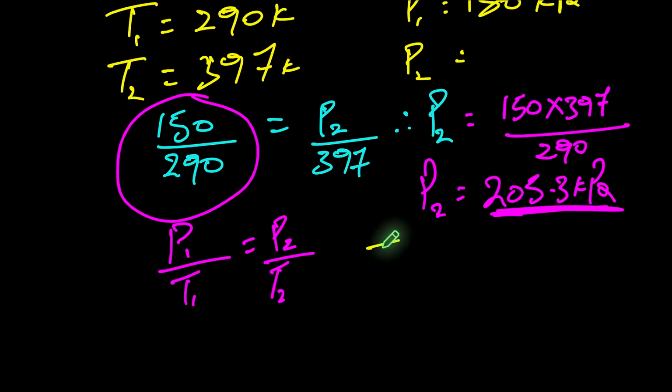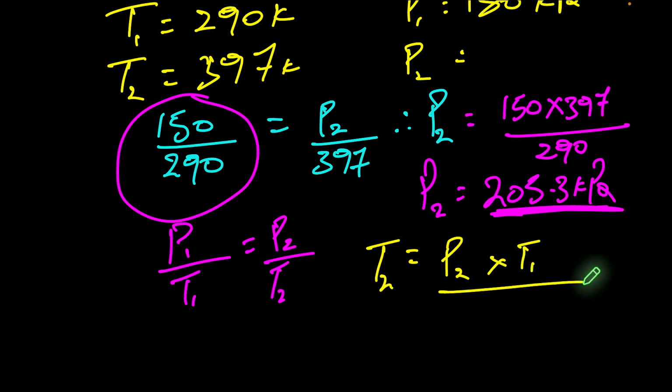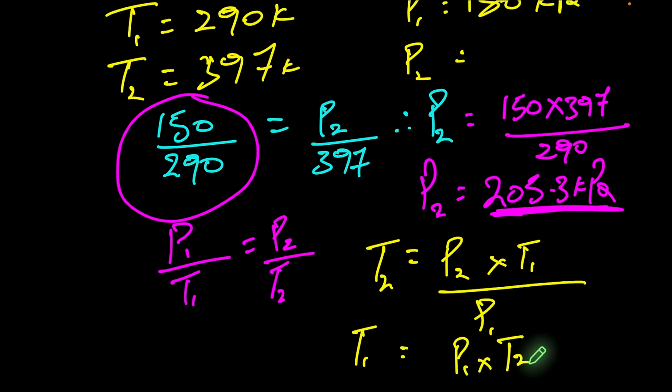If we're finding T2, then T2 is going to be equal to P2 times T1, divided by P1. And if we're finding T1, it's very similar, but instead P1 multiplied by T2 and then all divided by P2. So it's just a matter of swapping them around.